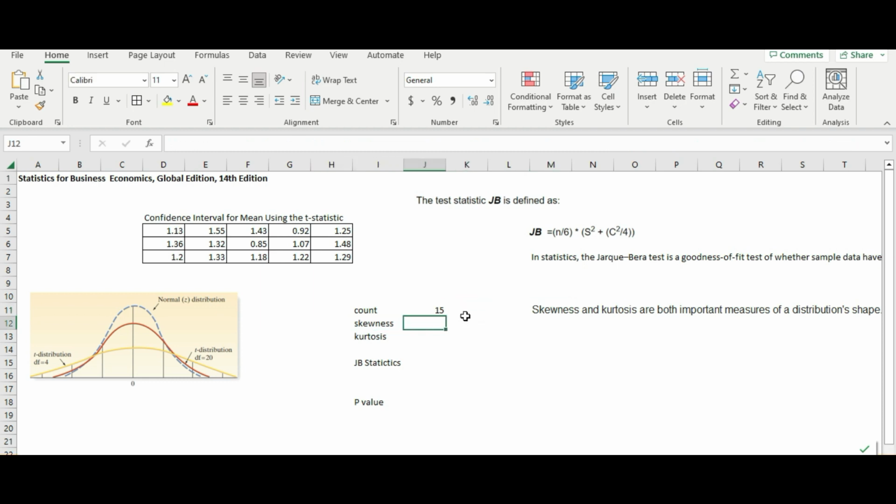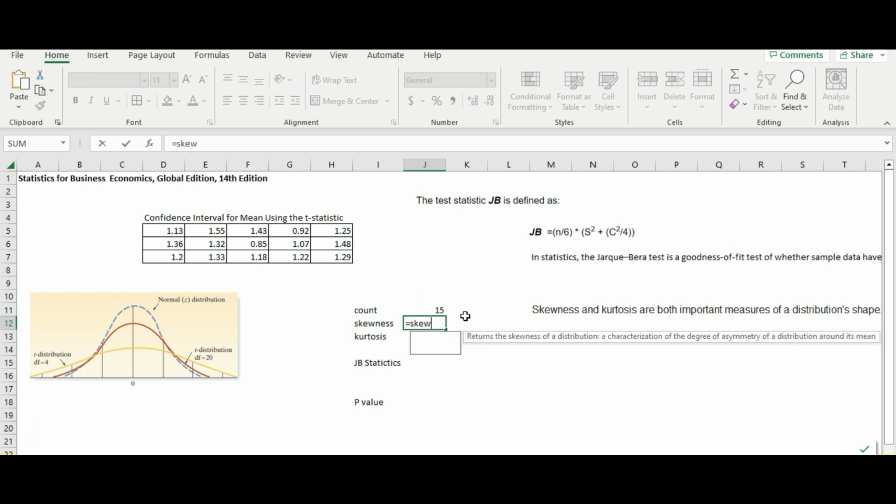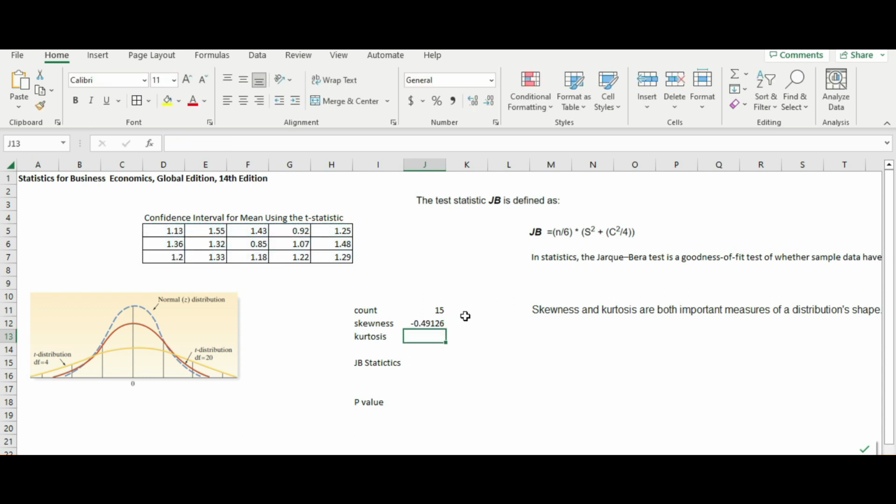So we will now check for the skewness. It's just easy. The level of skewness is negative 0.49, and then the kurtosis.